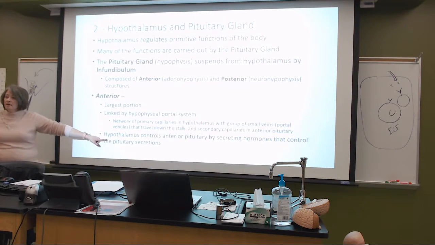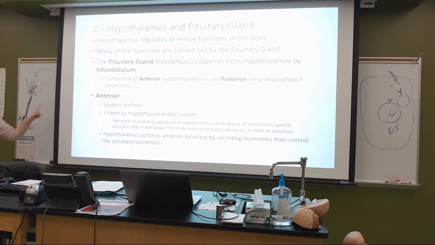Okay? So, that hypothalamus is going to control what my anterior pituitary does by sending chemicals from here to affect chemicals made by these cells. Yes, no, maybe. Cool. Okay.